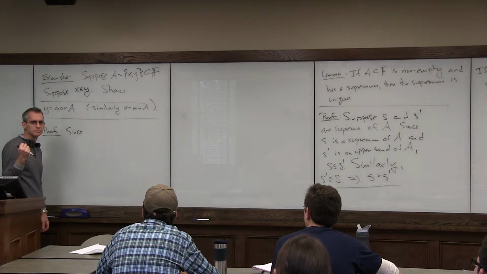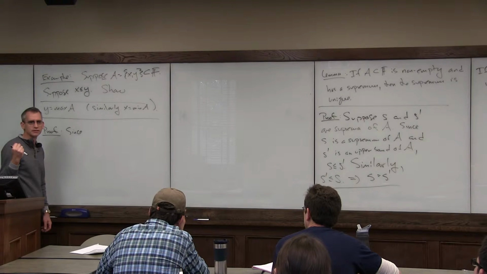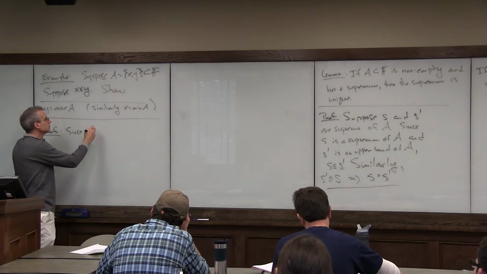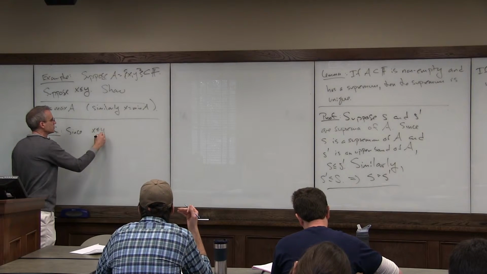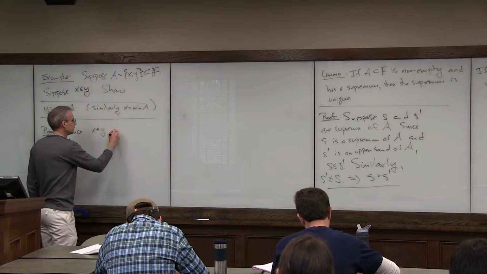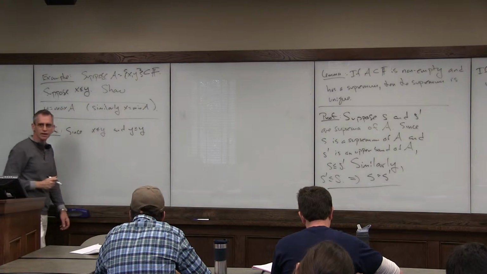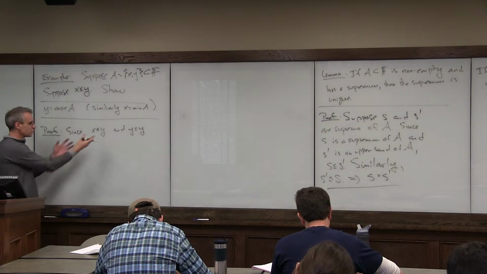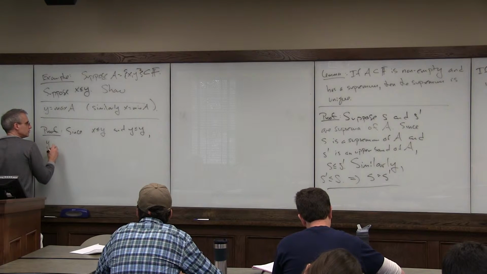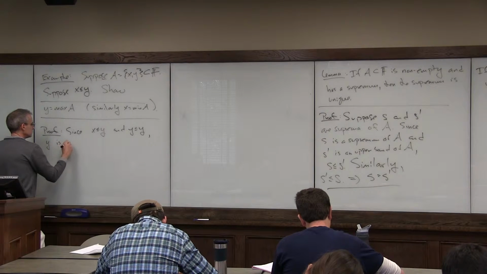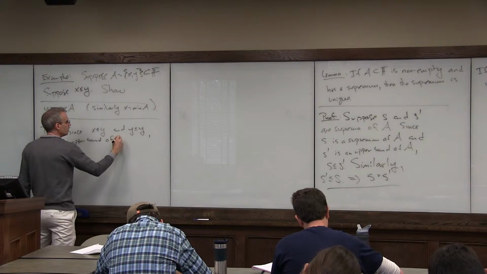Y is greater than or equal to any element in the set A. And what are the possibilities for elements in A? x and y. So x is less than or equal to y, and y is less than or equal to y. So I've checked the two possibilities, so y is an upper bound of A.